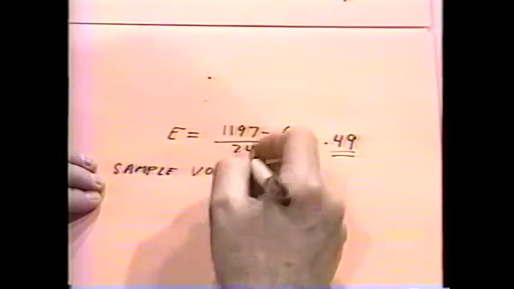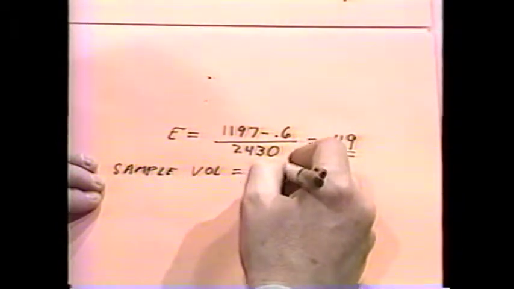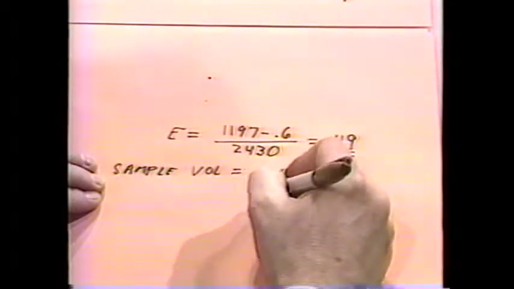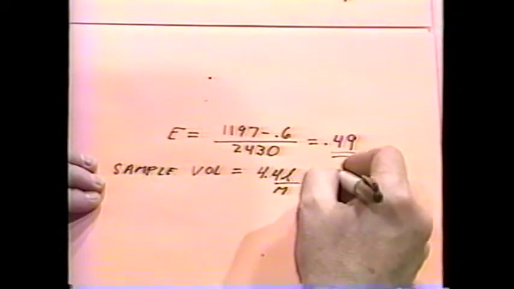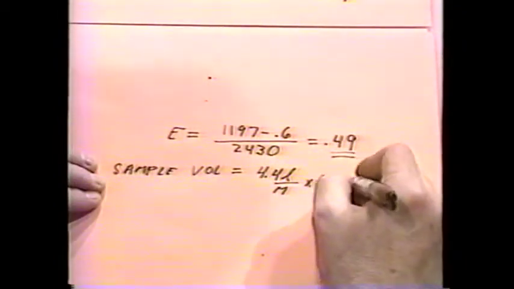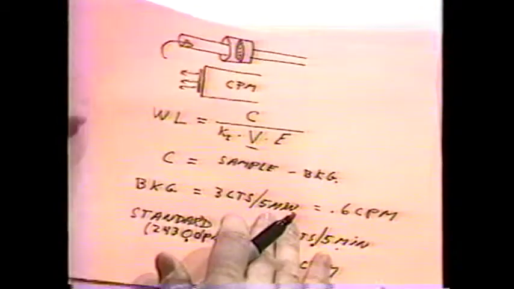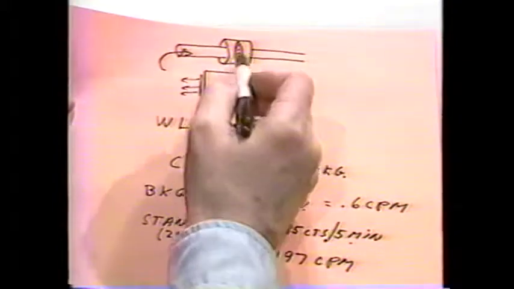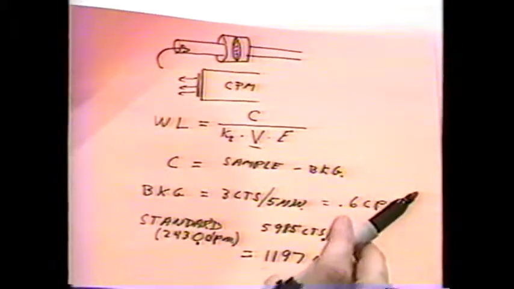Well, the sample volume, we have a flow meter, and let's assume that it's flowing at 4.4 liters per minute for a period of 5 minutes. We let the flow occur for a 5-minute period, and if you do that, of course, you find that that is 22 liters. So the volume of air that we dragged across the filter is 22 liters.